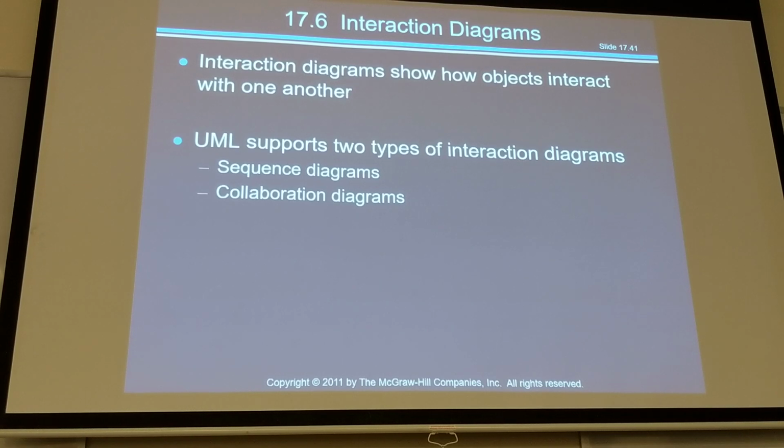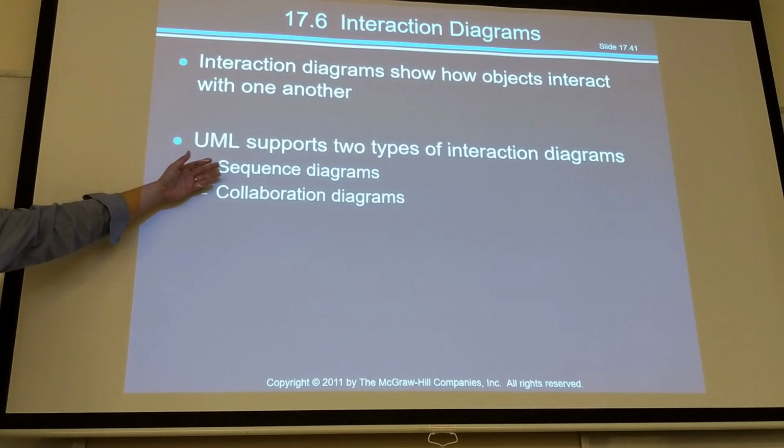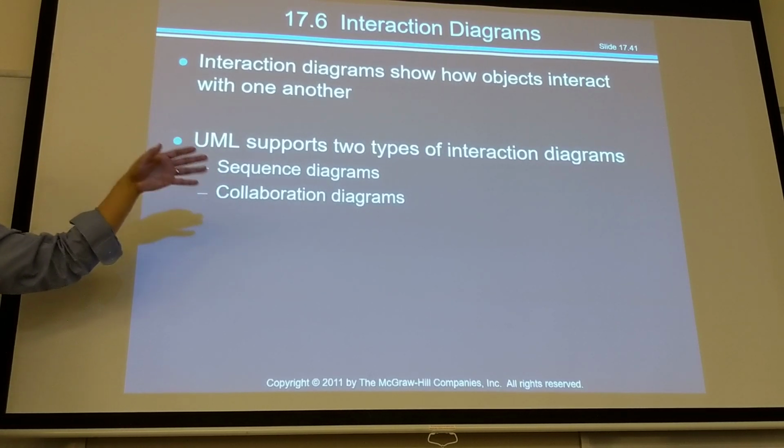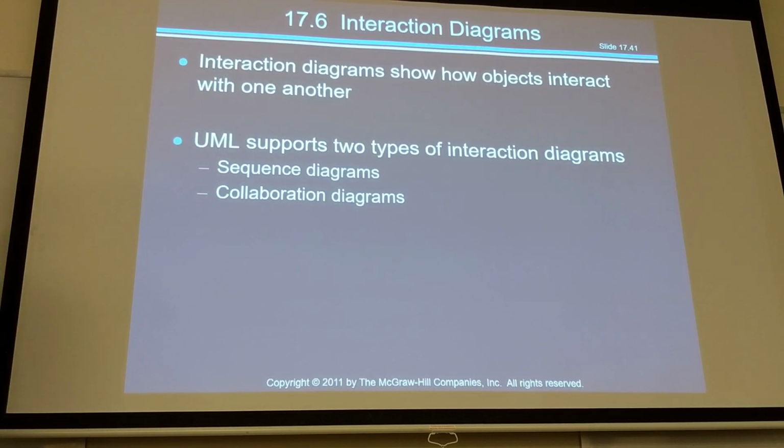Now, when you come to interaction diagram, you have already defined and named your classes, your objects, pretty much. Now you are assigning responsibilities to your classes. Sequence diagram and collaboration diagram are basically for that purpose.